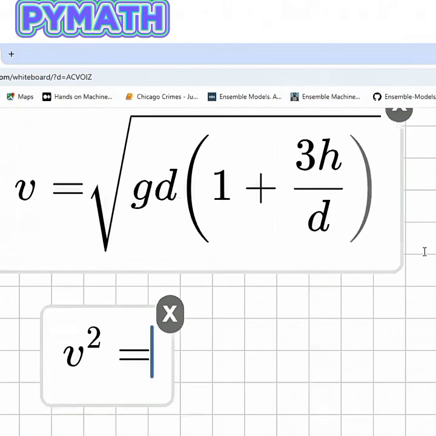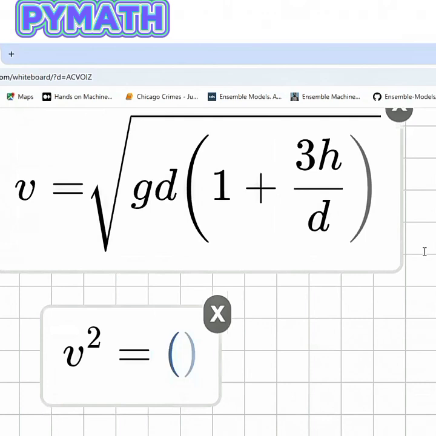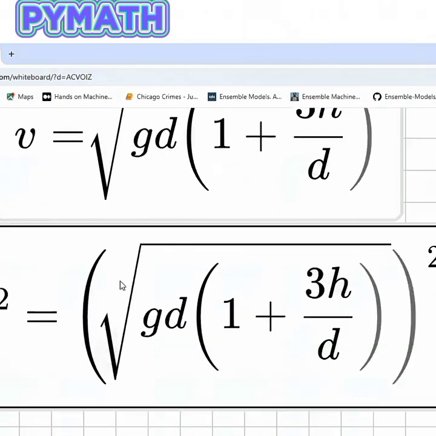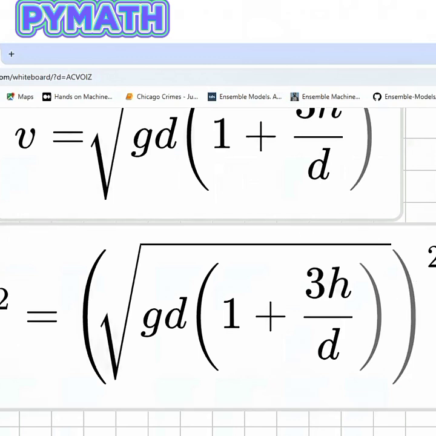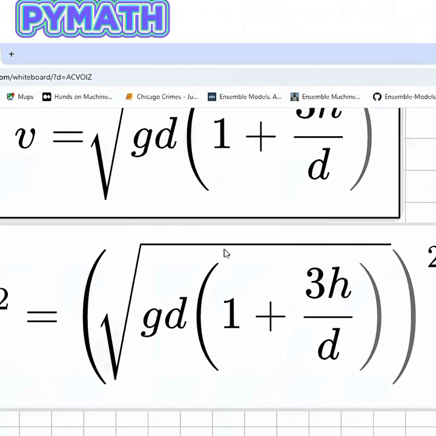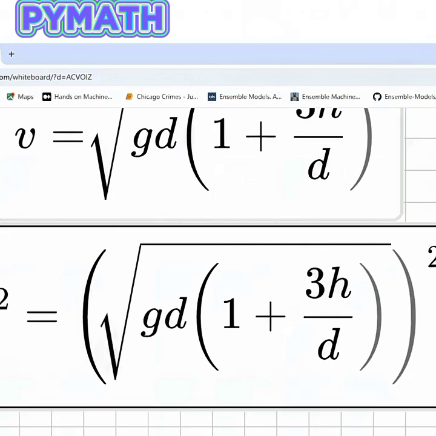We saw that in our last video. So we take the square of both sides, and here you have v squared equals the square root of gd into 1 plus 3h all over d to the power of 2. Now taking the square of this square root, the square root box will disappear. We saw that in our first video.